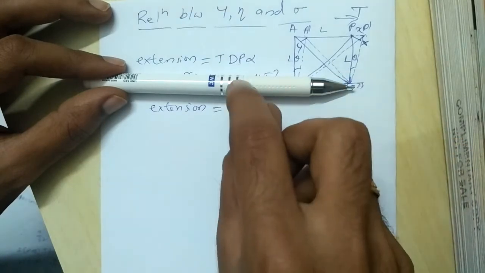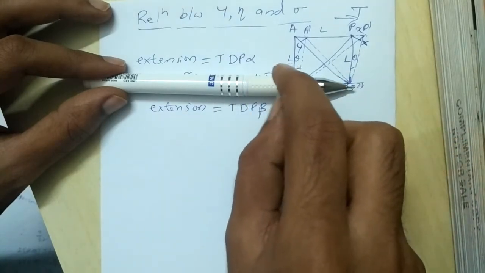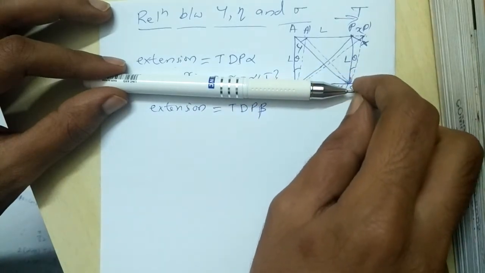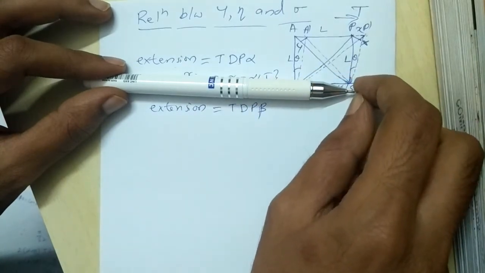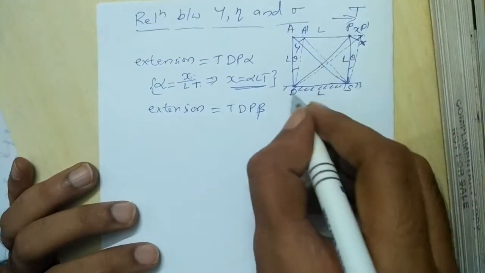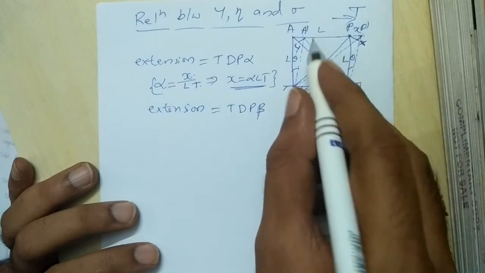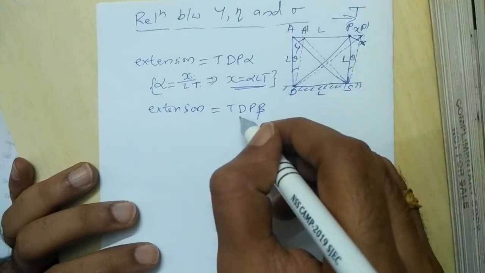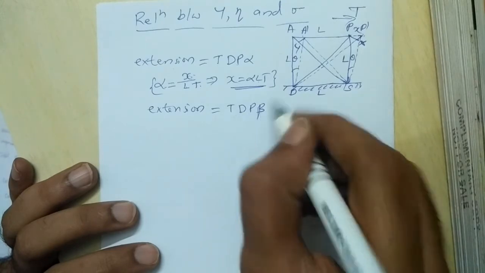If the material has a higher diameter, then it can be extended to a larger limit. So that's the extension produced for the length dP due to the compressive stress, given by T into dP into beta.